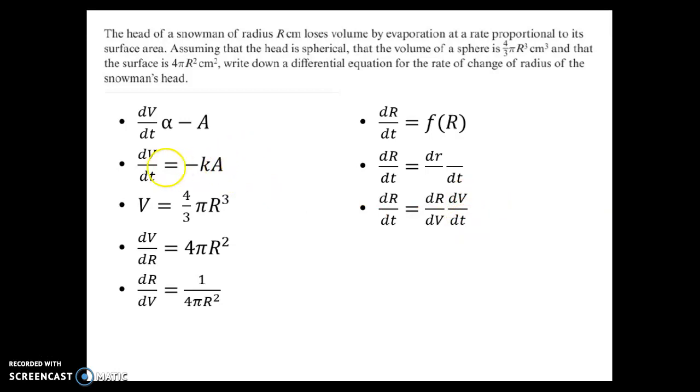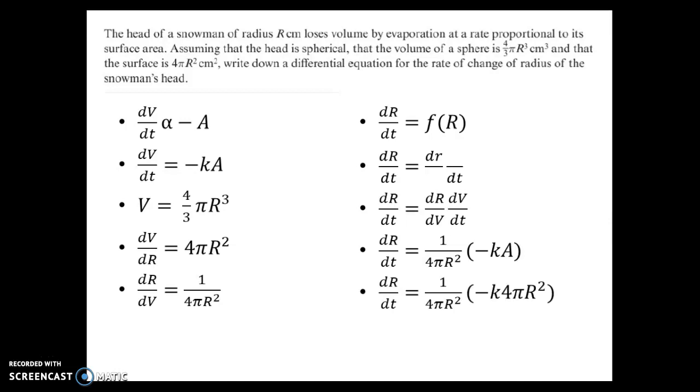That's a good thought. But, funnily enough, A is 4 pi r squared. Here's 4 pi r squared too. So in fact, when we substitute everything in this side of the page, dr by dt is 1 over 4 pi r squared times minus k times A, the surface area. The A is a problem, but it's not a problem because A is 4 pi r squared.